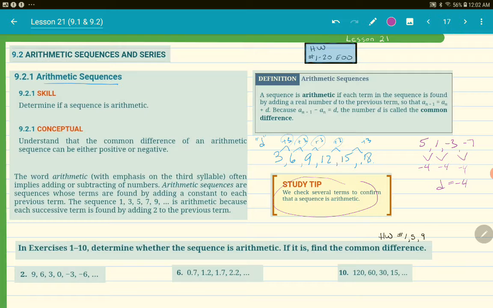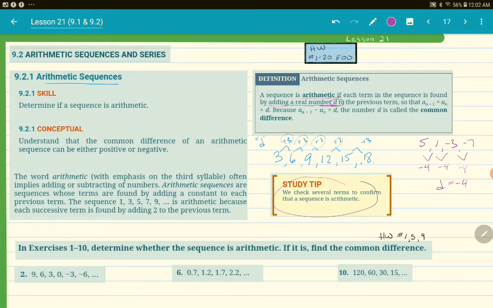So let's look at our official definition here. A sequence is arithmetic if each term in the sequence is found by adding a real number D, even if D is negative.